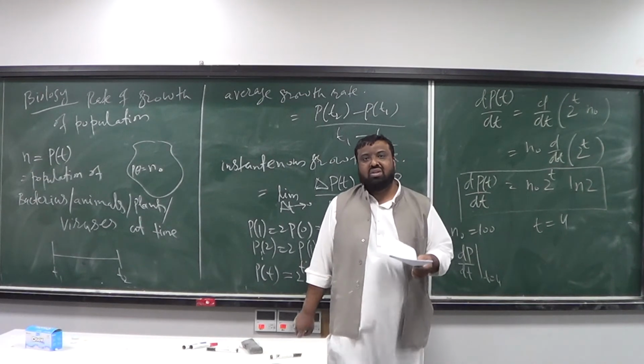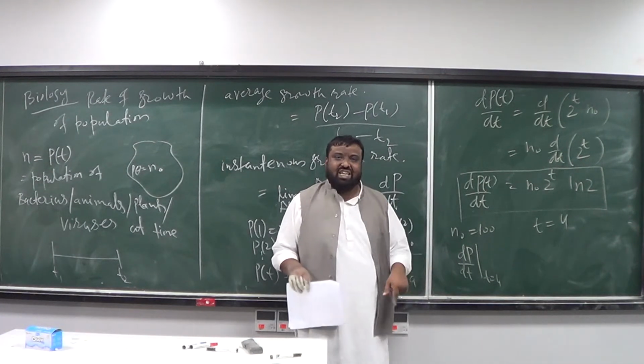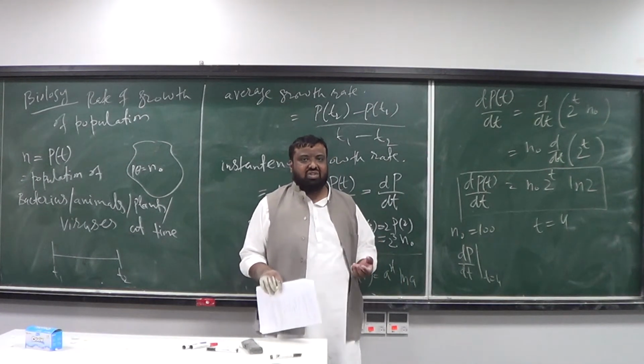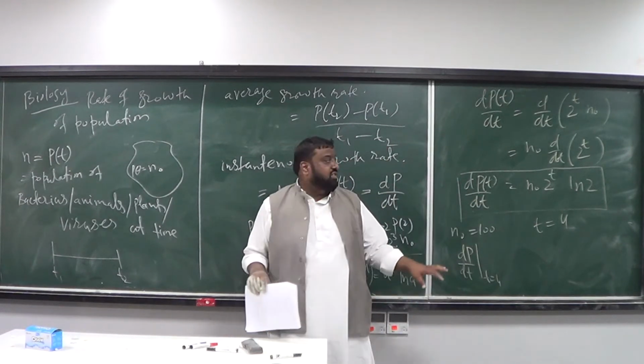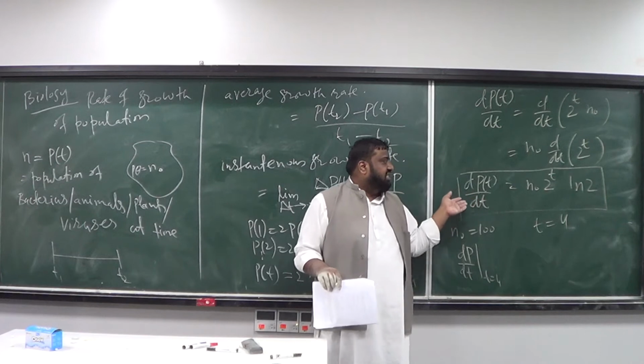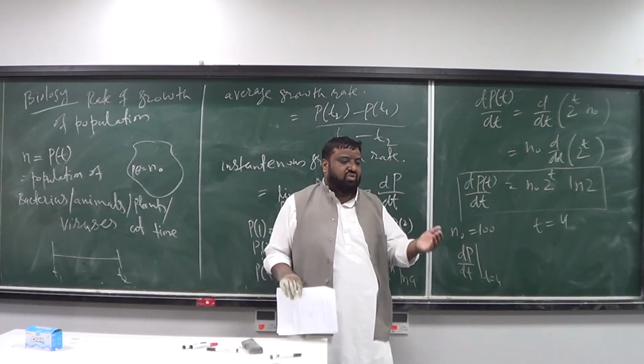So this dP by dt is telling you what? It's making a prediction. Once you have this formula, it's making a prediction. In other words, imagine that this rate of change is the rate of change of the COVID-19 cases.